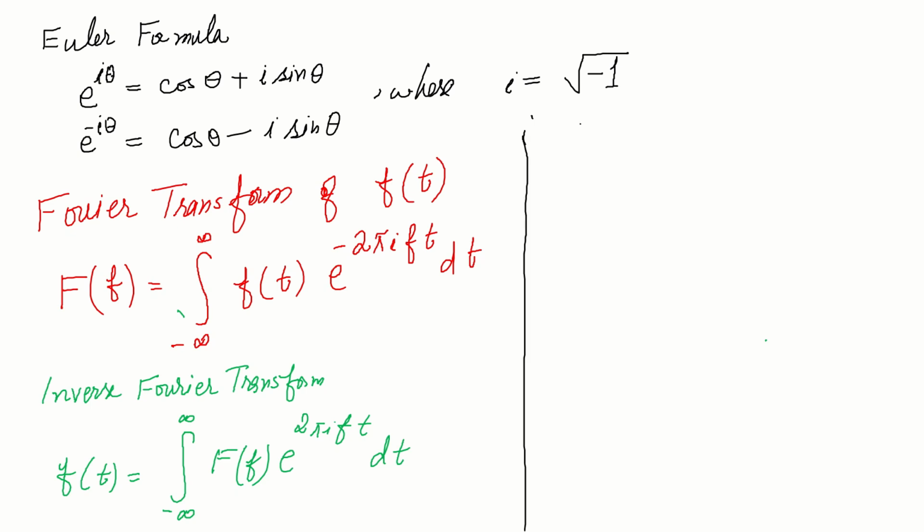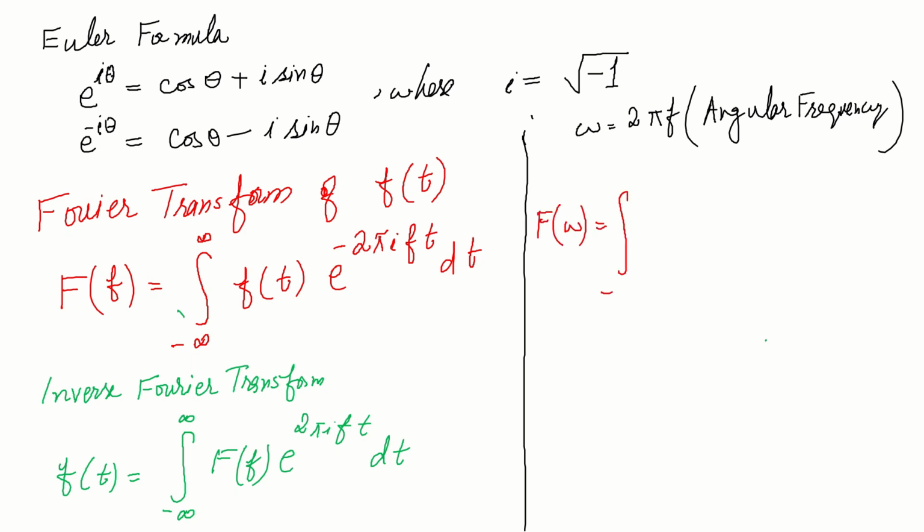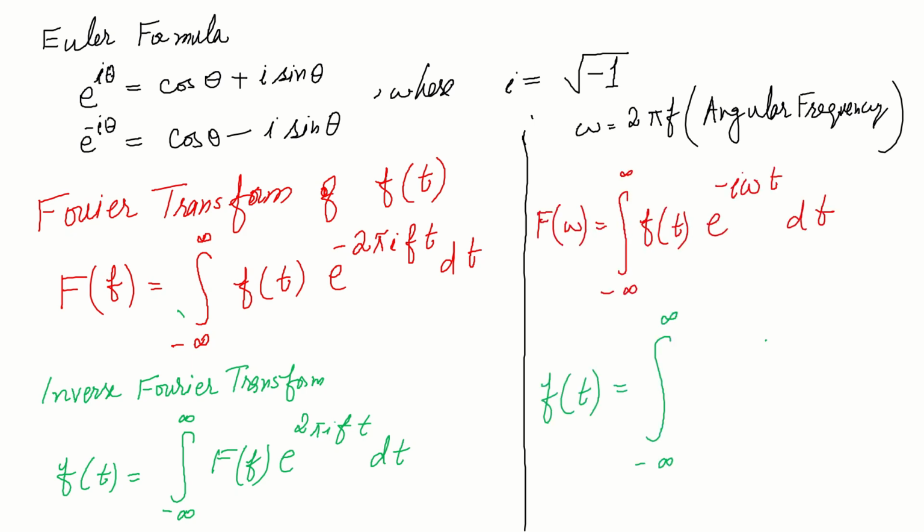Usually omega equal 2 pi f is used in different definitions of the Fourier transform in literature. Omega is called the angular frequency. So if we put omega equal 2 pi f in the Fourier transform and the inverse Fourier transform, we get these two formulas.